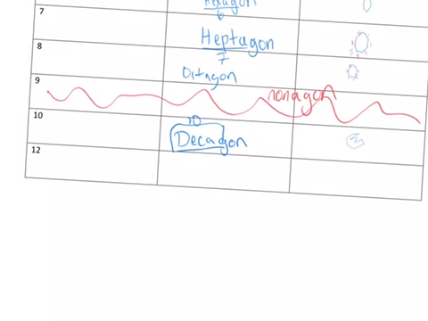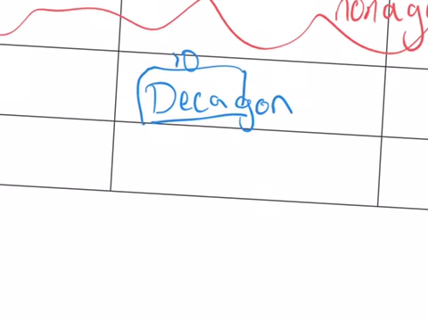Moving on to a 12-sided shape. It is kind of an odd word that you may have never heard before, but it's a dodecagon.